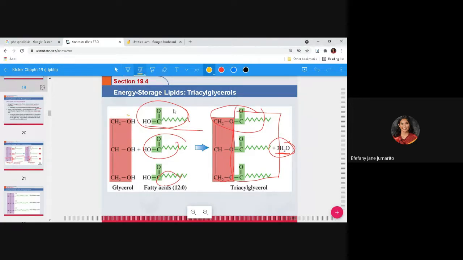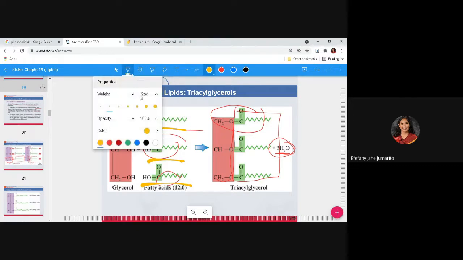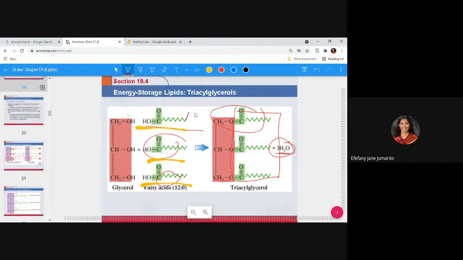Should the fatty acids bonded to our glycerol be the same or not? For example, if this fatty acid is 18:0, this should also be 18:0, and this one 18:0. Or they can be different. It can be 18:1, and this one 12:3.